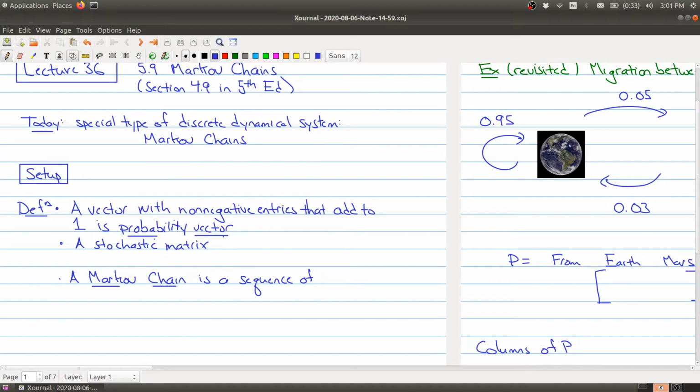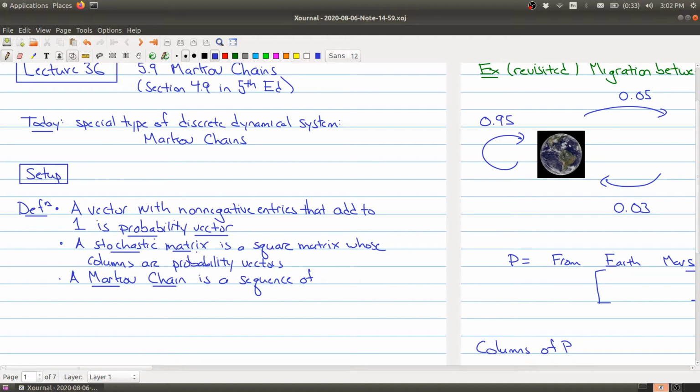A stochastic matrix is a square matrix whose columns are all probability vectors. So that's a stochastic matrix.